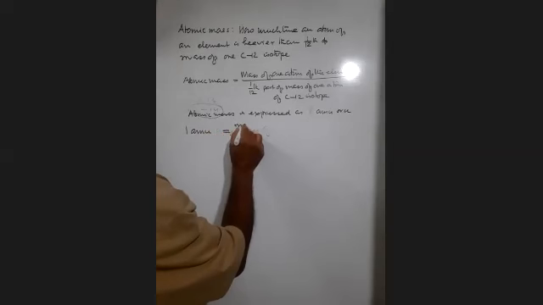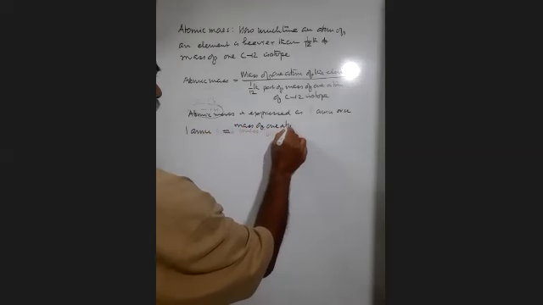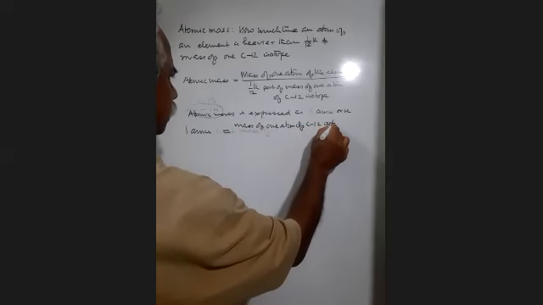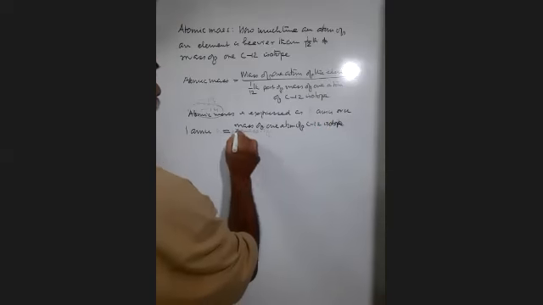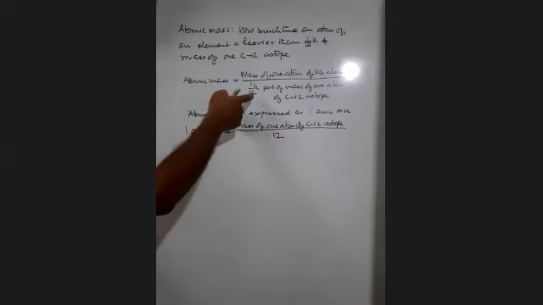So, the mass of one atom of carbon 12 isotope divided by 12. See here.